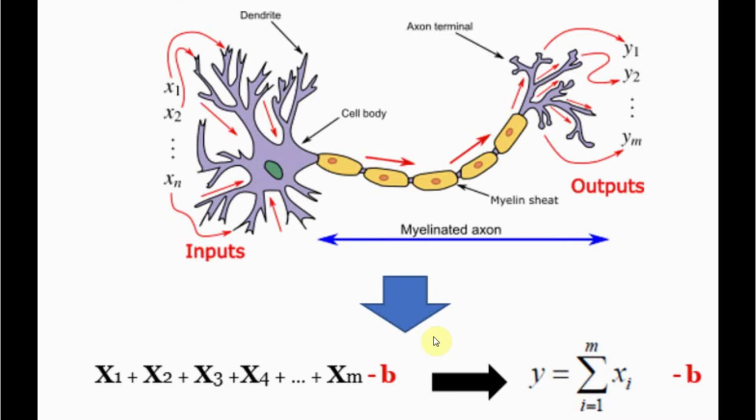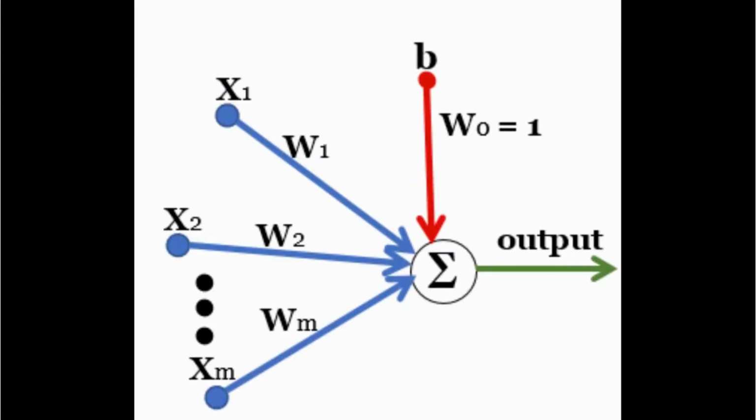This is great. However, a problem still remains, that the inputs can only excite the model but cannot inhibit its operation, right? Because it's still always a positive value. So in order to model both excitation and inhibition, multipliers of the inputs called synaptic weights were introduced. Each input is weighted by its synaptic weight, while the bias is just multiplied by 1.